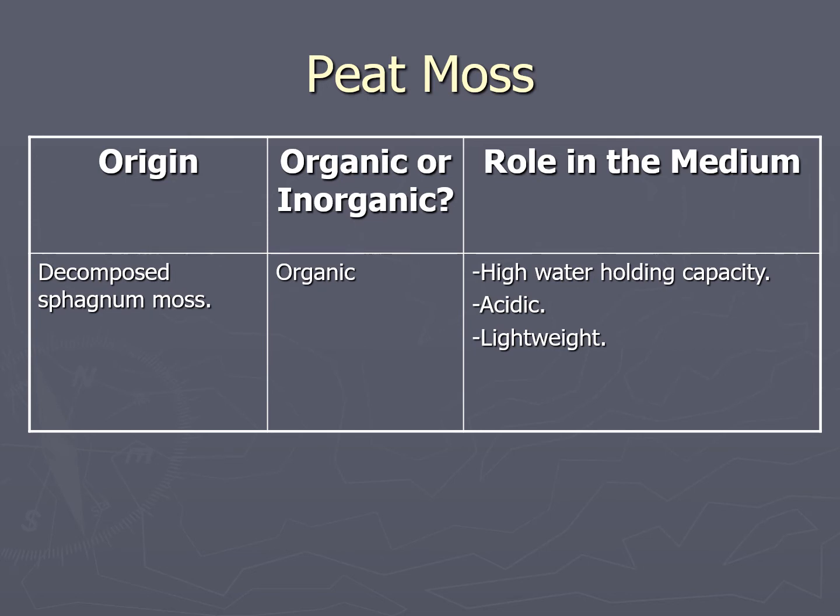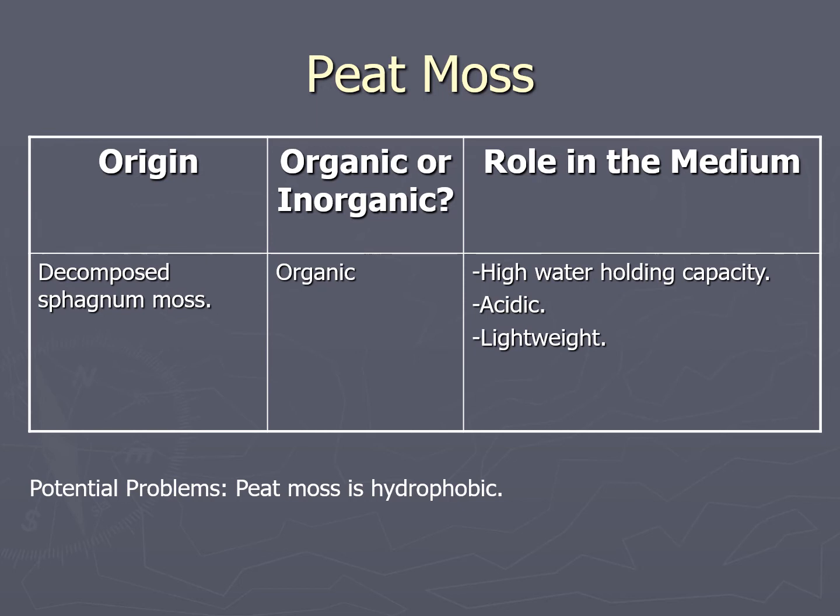In the second column, we'll indicate whether the component is organic or inorganic in nature. And in the third column, probably the most important column, we'll talk about the role or job that that particular component has in the overall growing medium. Additionally, we may talk about some potential problems associated with using that growing medium component. So let's go ahead and begin with peat moss.